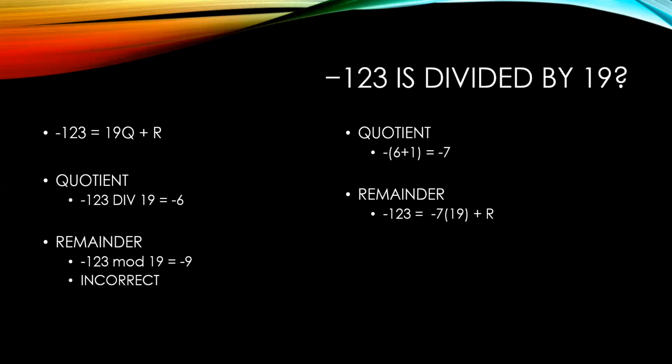Negative 123 is equal to negative 7 times 19 plus r, and r will be positive 10. Now our answer is correct. Quotient is negative 7, remainder is 10. So this will be our solution if ever the remainder is negative 9. We're going to add negative 1 to the quotient and then use the division algorithm to get the remainder r. So it will be positive.